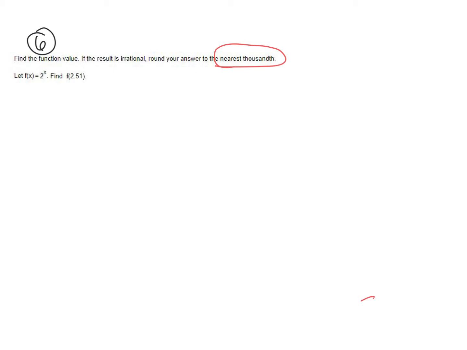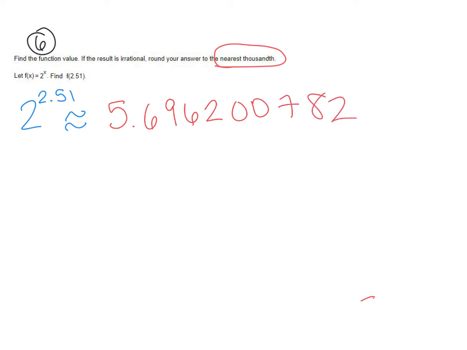So when I did 2 raised to the 2.51 power, I get approximately 5.6962000782. Obviously I don't have to go that far out, but you catch what we get, right? What I'm supposed to do is the nearest thousandth, which is 3 decimal places.